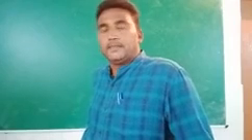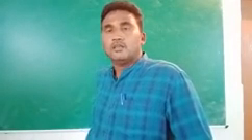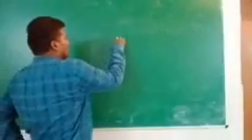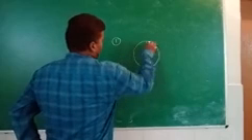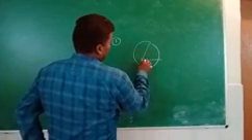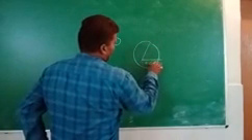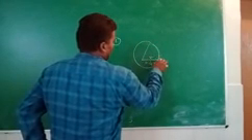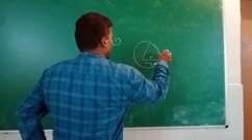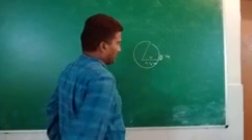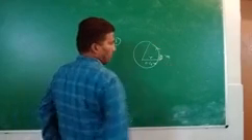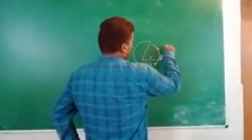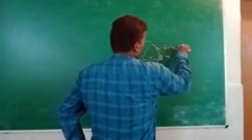A particle moves around a circular track. The radius of the circular track is given as 0.4 meter, and the body is projected with a velocity of 20 meter per second.